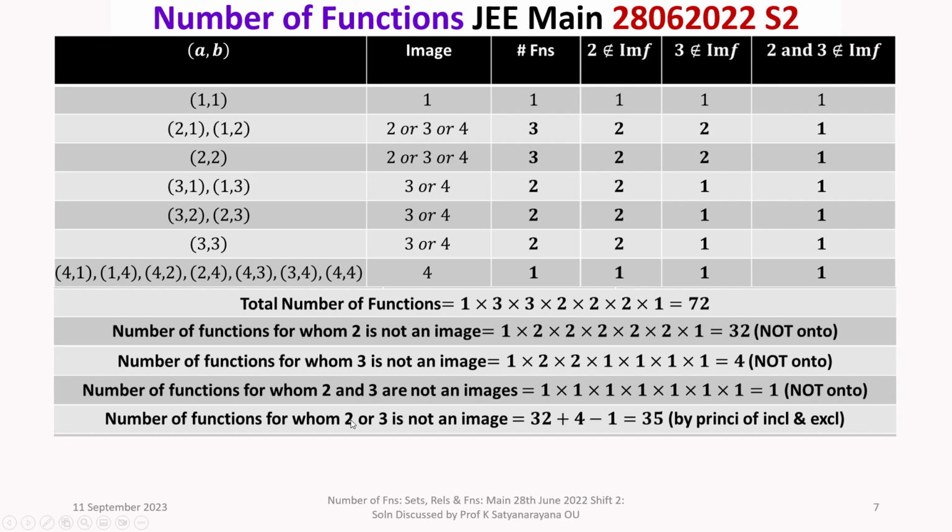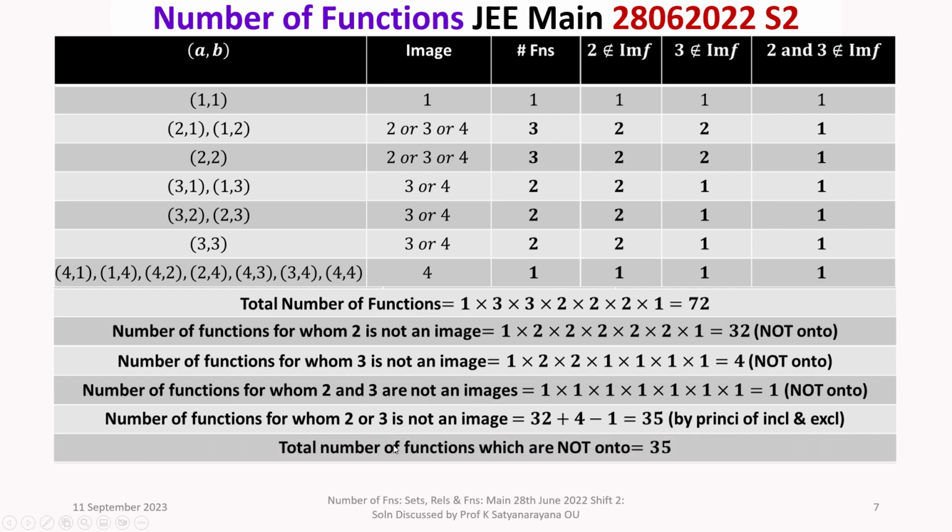So the number of functions for whom 2 or 3 is not an image is 35. The total number of functions which are not onto is 35.